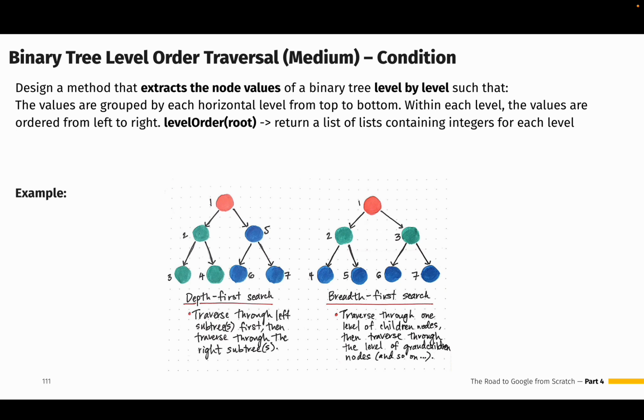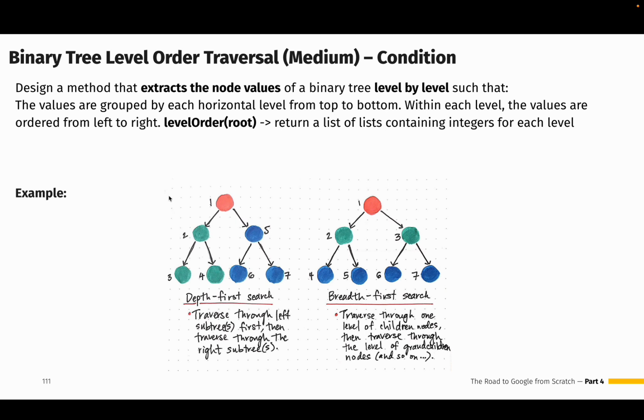And in the previous exercises which we resolved in previous videos, we actually used this type of traversing, depth first search, where we started from the root, then we go to the left and then to the right.